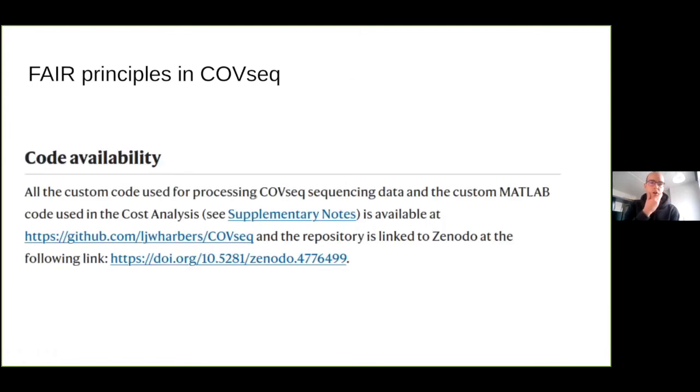And other than that, we also made all the code available in GitHub. And as you also heard in the previous talk, just having the code available on GitHub is already really nice, but at the moment of the publication, we made a release and linked this release to Zenodo, so that there's always a persistent identifier linking to the GitHub release from the code that was actually used for all the analysis and data processing of this paper.